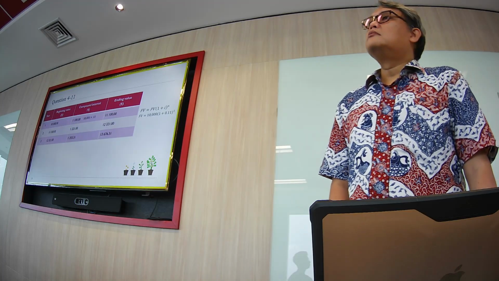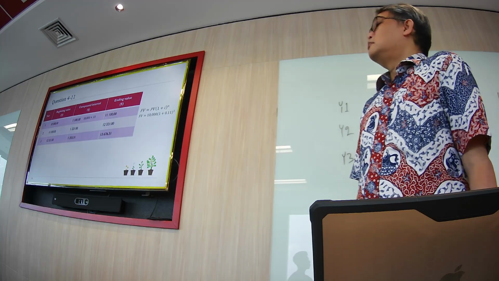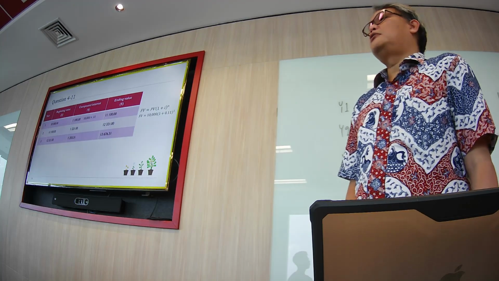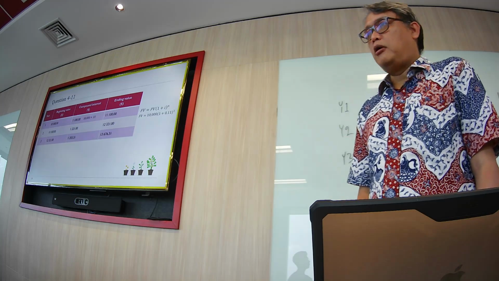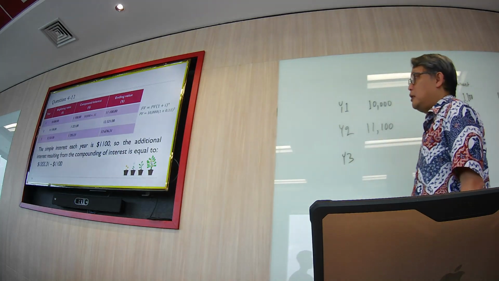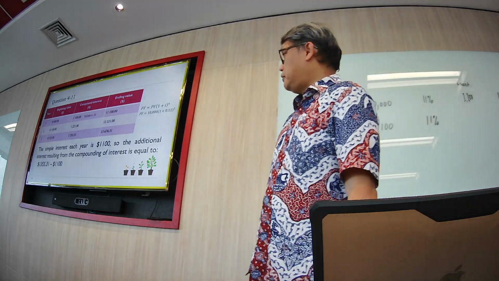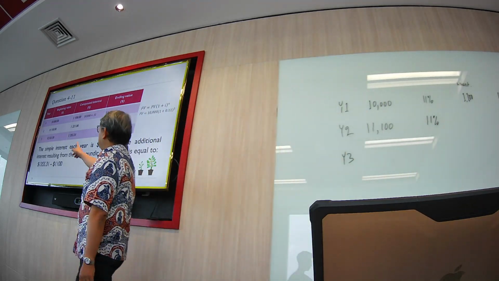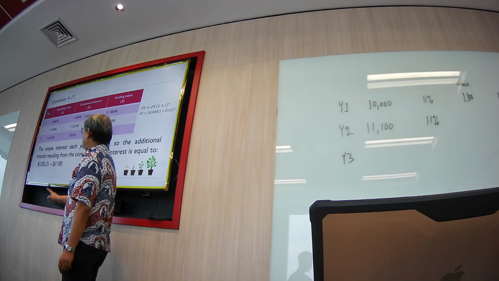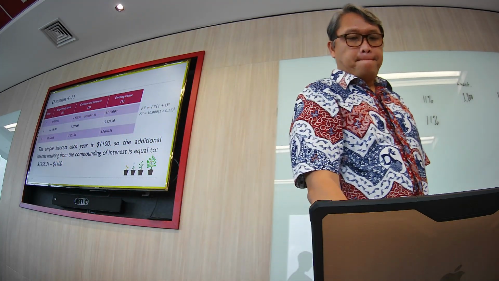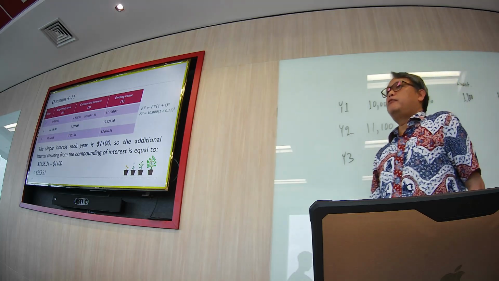So the question is asking the ending value, the future value, or the interest only? The interest, the simple interest and the compounding interest. So the simple interest for each year is 1,100. Additional interest is 255.